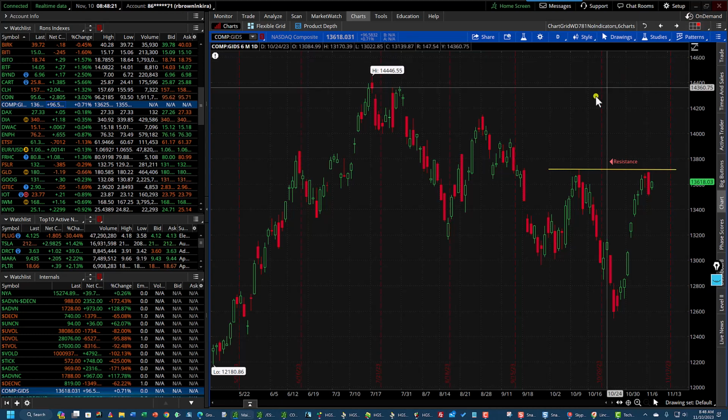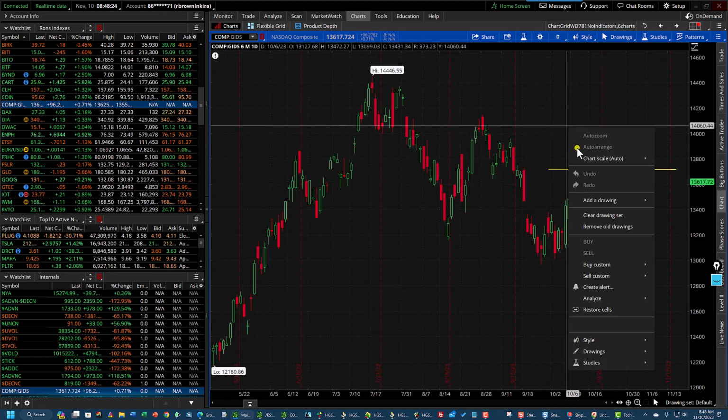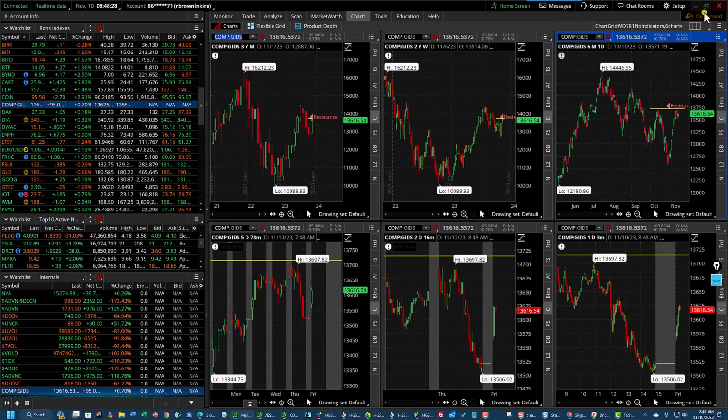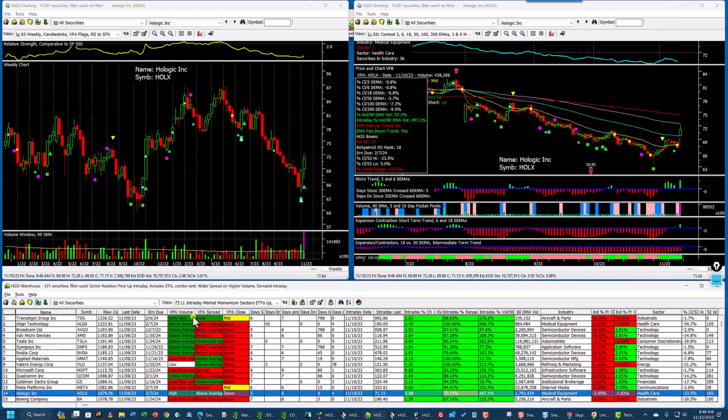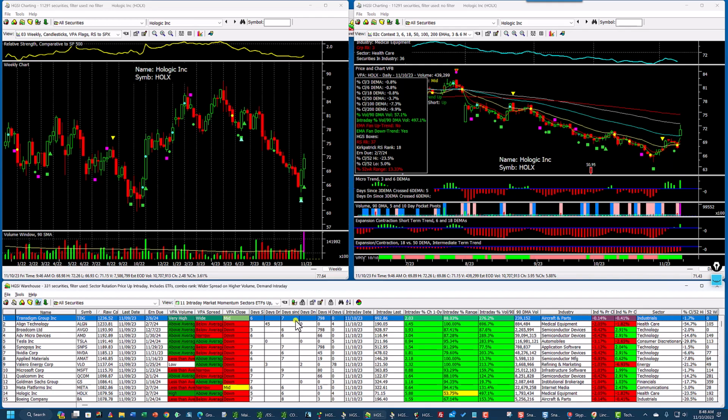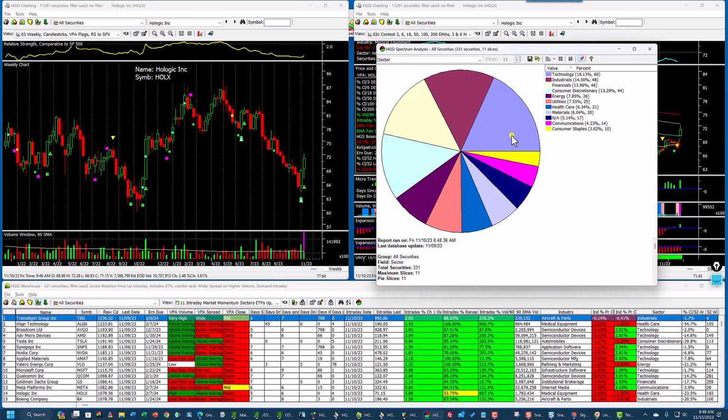Before I go restore the cells, let's go back over here and take a look at this. So what do we have moving up? Technology is leading the way on the sectors today in my intraday market momentum.